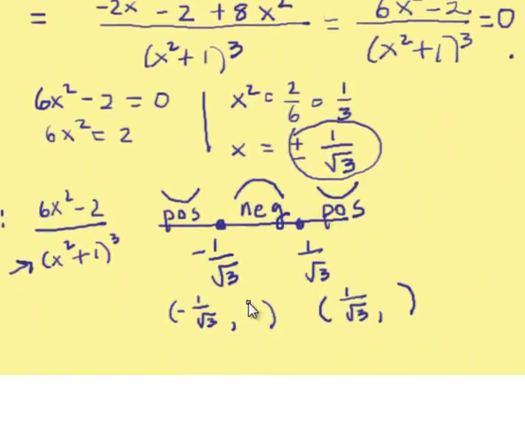So this is 1 over 1/3 plus 1. 1/3 plus 1 is 1/3 plus 3/3, that's 4/3. So it's 1 over 4/3. This would be 3/4, and this is also 3/4. So these are inflection points.